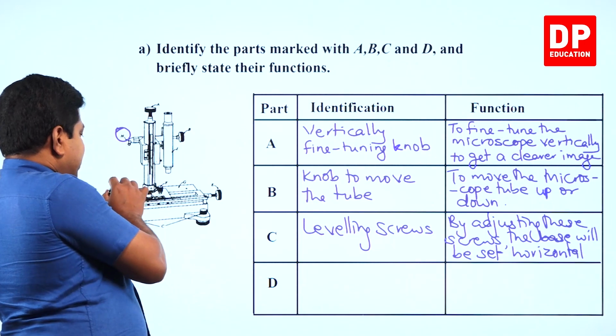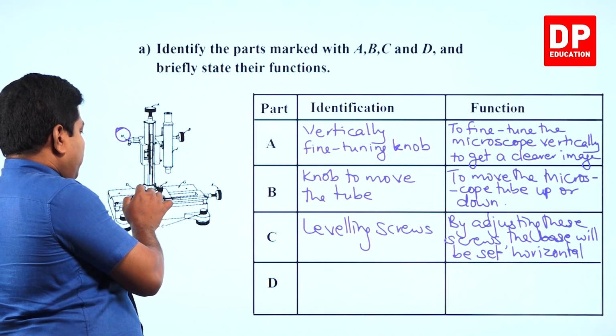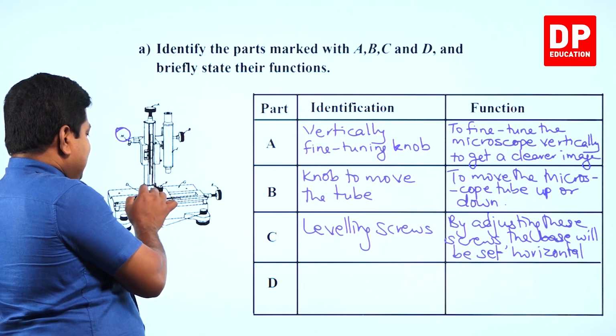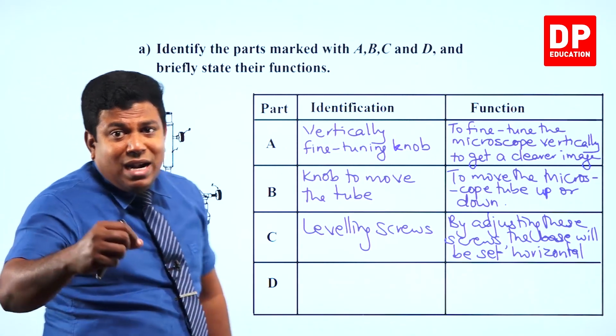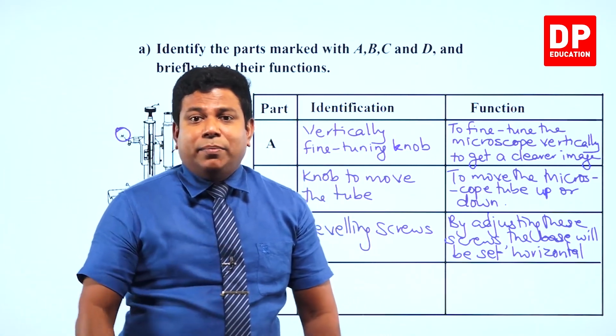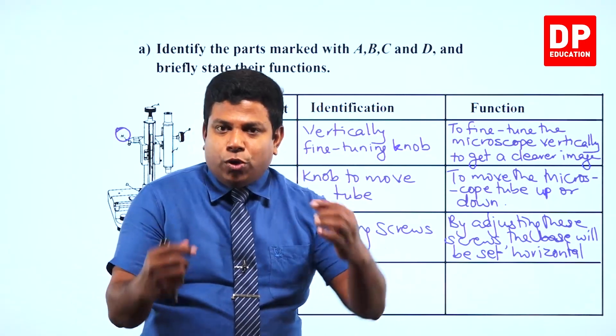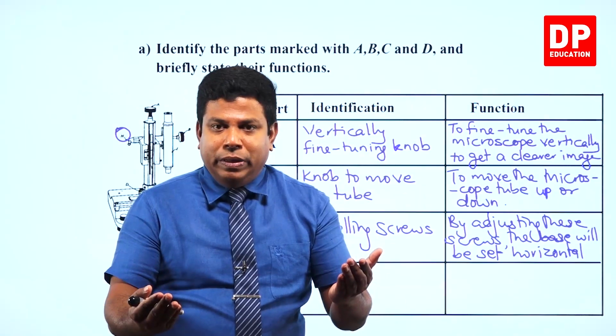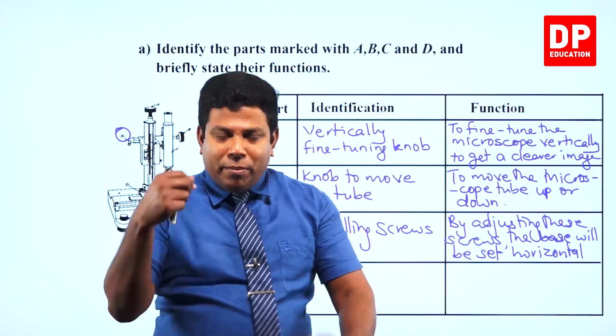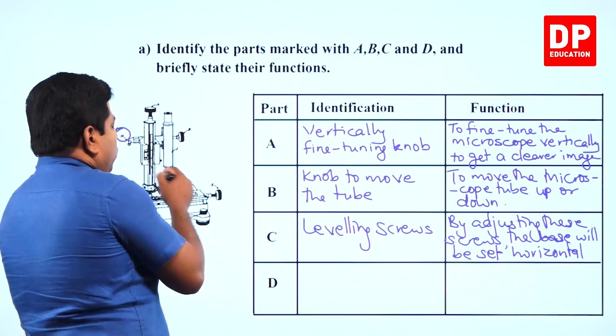D, where is D? D refers to this one. What is D? D is the bubble level. When we did the practical, we used a separate bubble level and I showed you how to get it horizontal. But we have a bubble level on the microscope also.